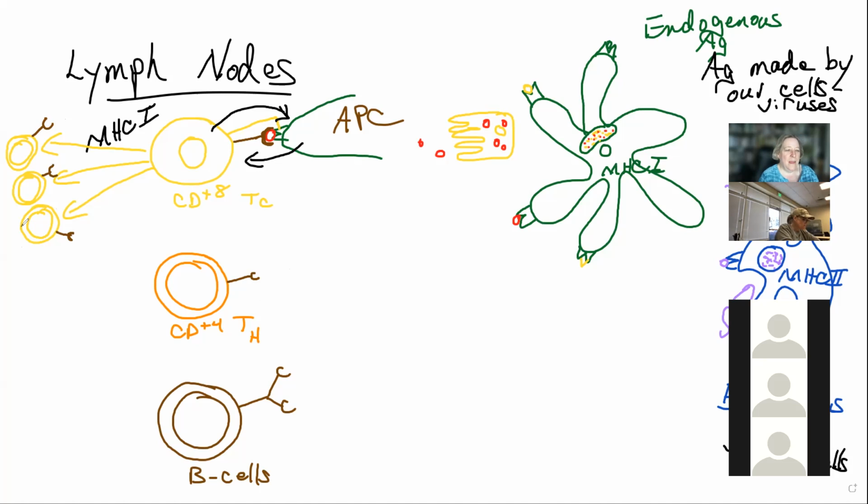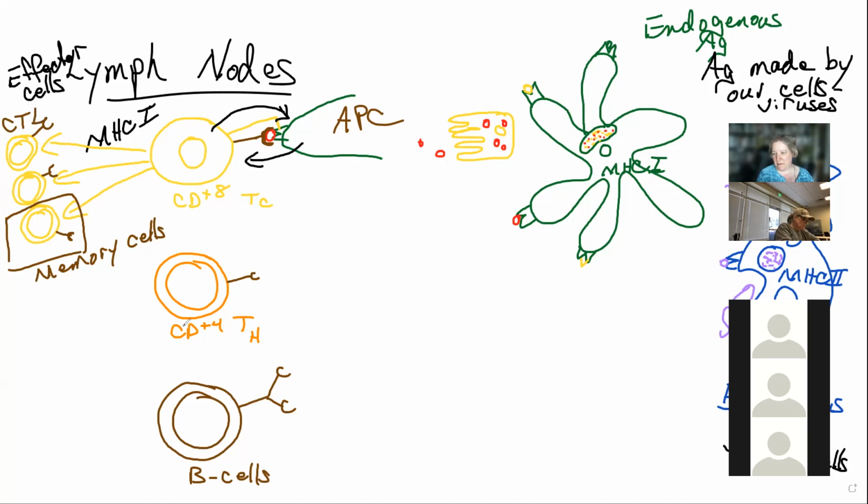Now, some of them are going to stay back and become memory cells. They can keep making more copies of themselves, and that's their job. The rest of them are going to become what we call effector cells. In the case of CD8, we call these effector cells cytotoxic T lymphocytes.